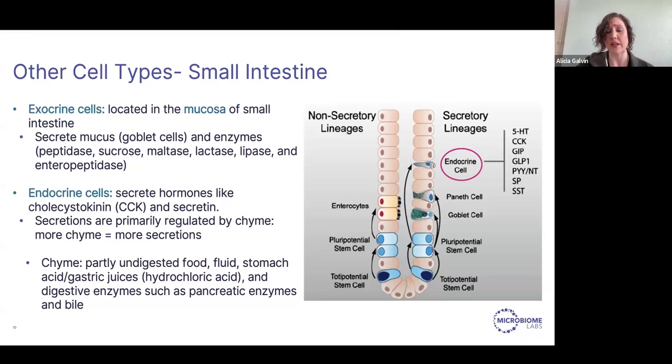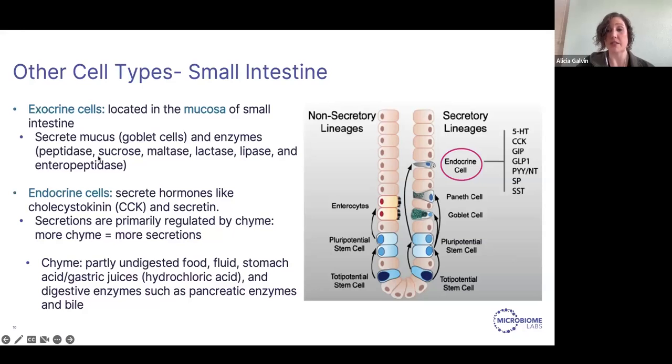What if they have something like celiac or Crohn's or SIBO, or some sort of condition, or maybe they've had parts of their intestine removed, or they have an inflammatory condition that is preventing some of these cells from working as efficiently as they should? That's when we're going to start getting some breakdown of mucus or digestive enzyme secretion.